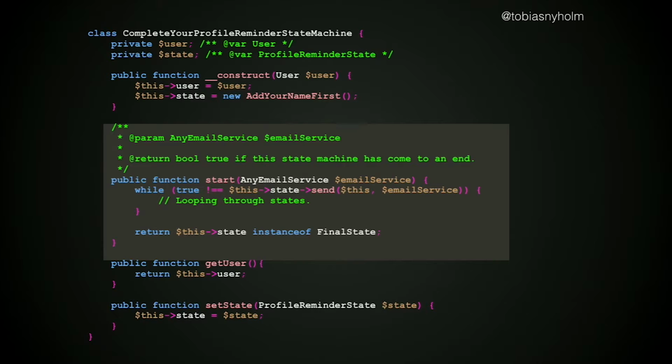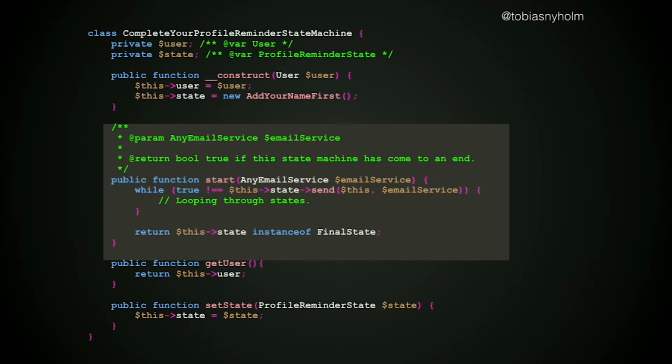And my big state machine implementation looks something like this. The interesting part's in the middle. I basically say that when I get started, I just take the current state and execute the send function. The state machine here doesn't really care about which state it is, doesn't really care about which email was sent. And also, the states themselves are responsible for moving the state machine to the next state.